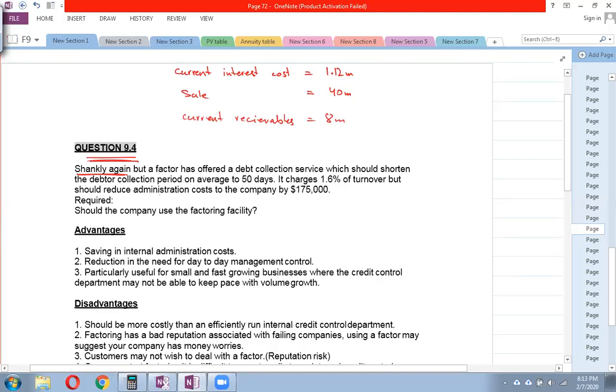But now we are not offering the early payment discount, right? This is relevant to question 9.2. Shankly again, but this time the factor has offered a debt collection service which should shorten the debtor collection period, which means receivable days, to 50 days.